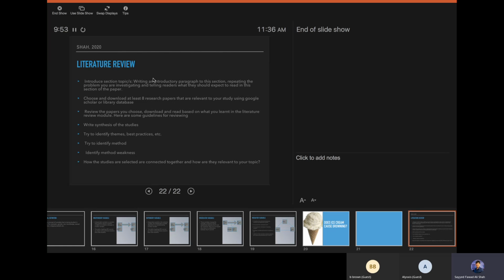So basically, the idea is to give us an overall picture of what type of research people have done and what were their conclusions. And at the end, then you write a paragraph kind of telling us how these studies are connected to your study.